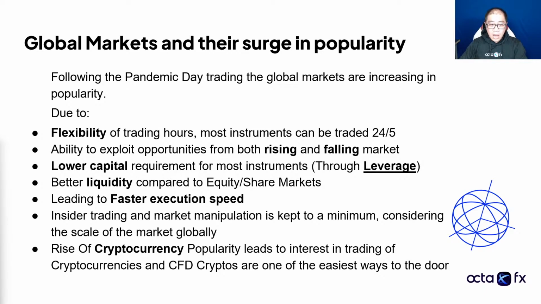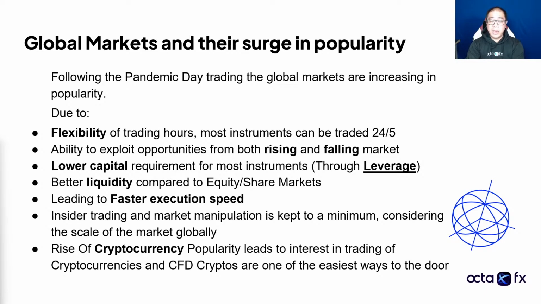What's really pulling a lot of people into CFD trading is actually the lower capital requirement for most instruments. This is through leverage, and we will talk about leverage later on. We've got better liquidity compared to the equity or share markets, and that leads to a faster execution speed.